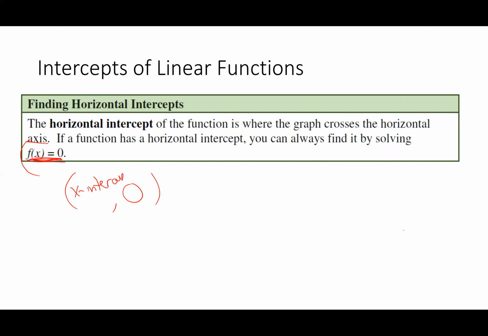The x-coordinate is going to be our x-intercept. If you think about this from a linear equation, if we draw some linear equation kind of haphazardly, here we see this is where y equals 0. So then the x coordinate is going to be our intercept. Just to make this a little bit more clear.